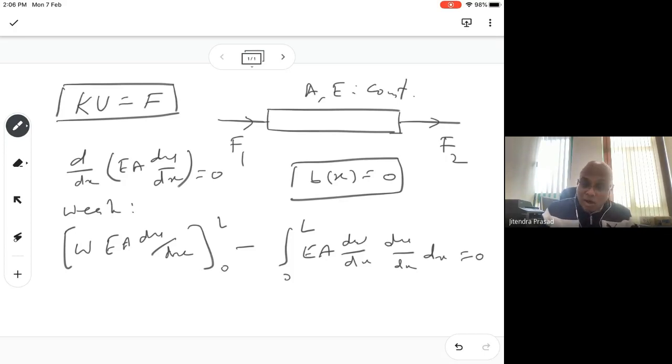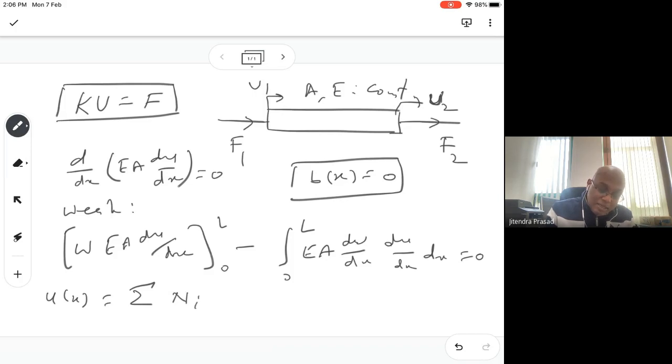Now we want to solve it, and how do we want to solve it? Let us say this is U1, this is U2, and we want to write U(x) in terms of U1 and U2. So we write the sum of Ni Ui, i equal to 1, 2.